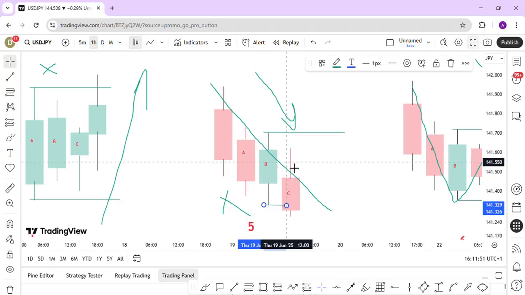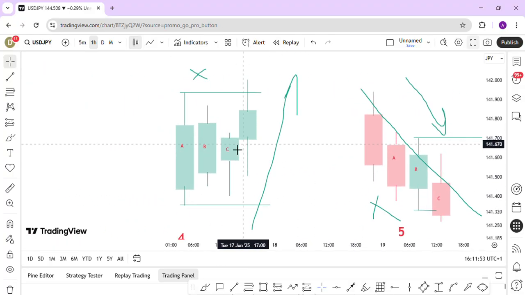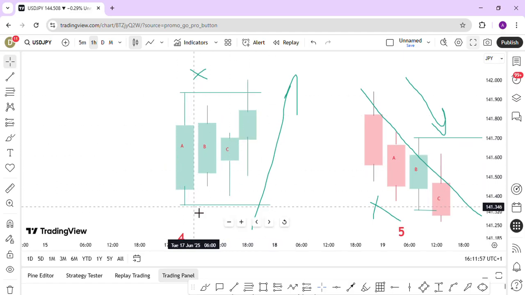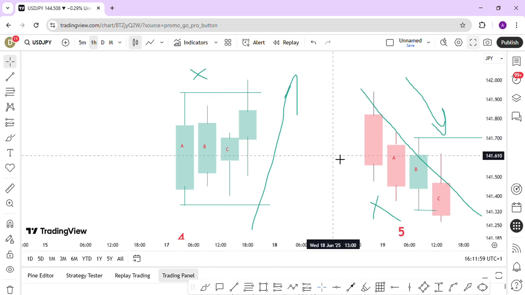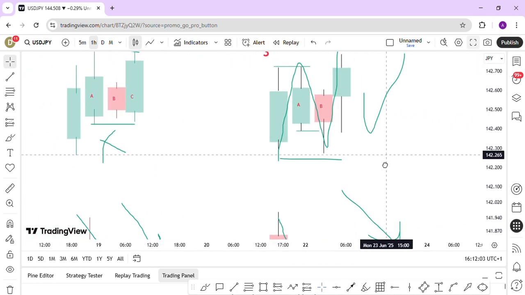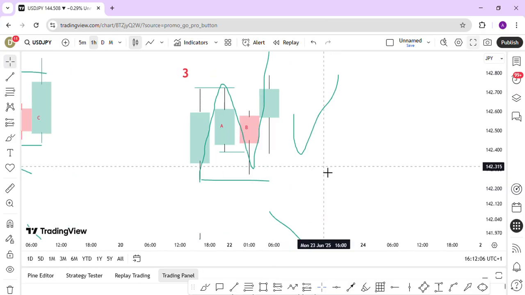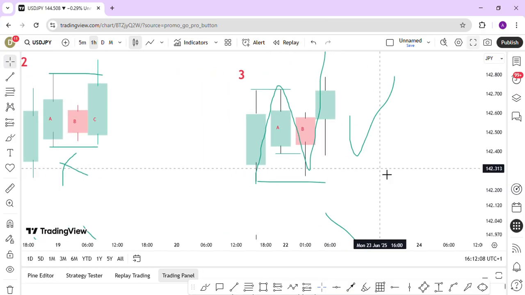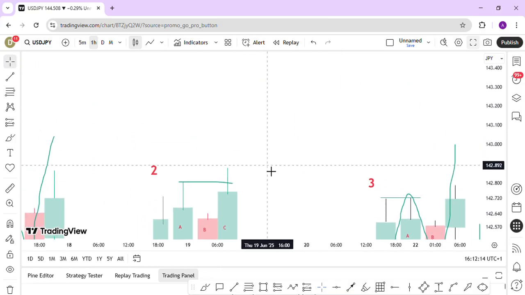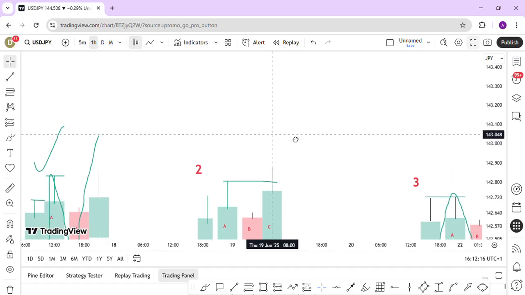No pullback behind the A. So if you look at this, the same example, the same thing happened. The low of the A and the high of the A was protected in the bullish momentum. So the number of candles does not matter. So that's just what a valid pullback is all about. And you will need this to identify the POIs and the inducement.